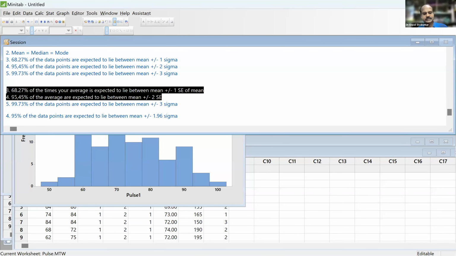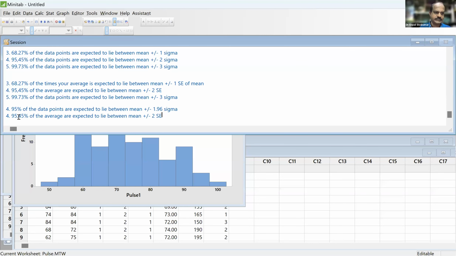I want exactly a 95% confidence limit. 95% of the time, the average is expected to lie between plus or minus 1.96 times the standard error of the mean.